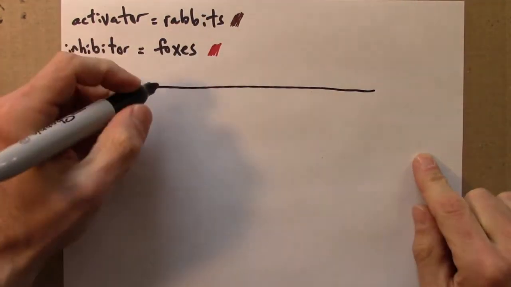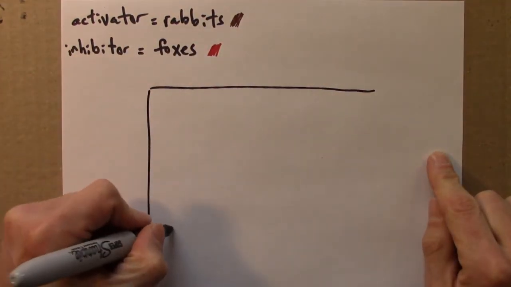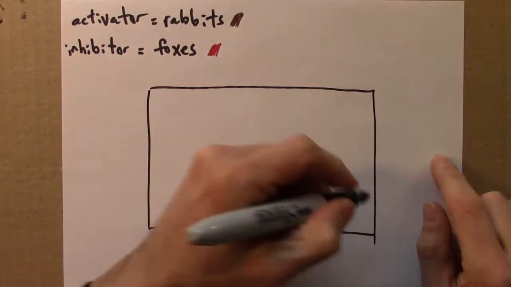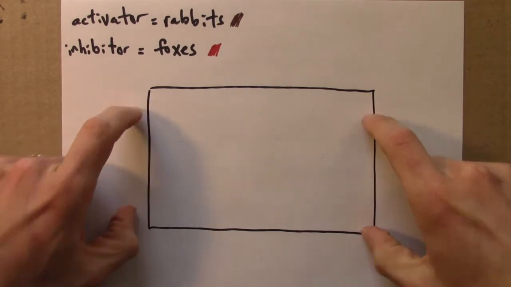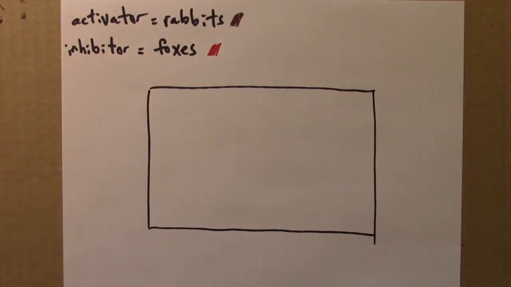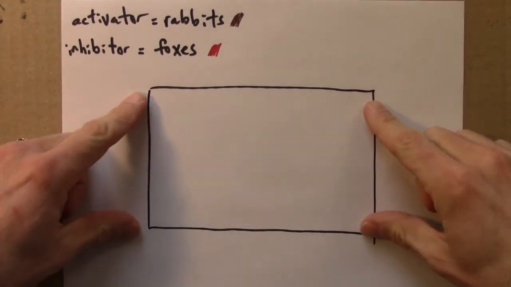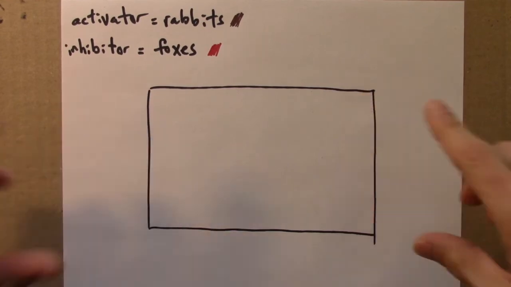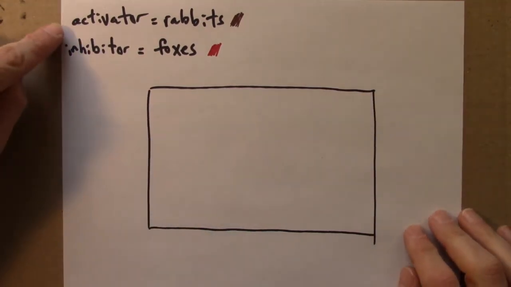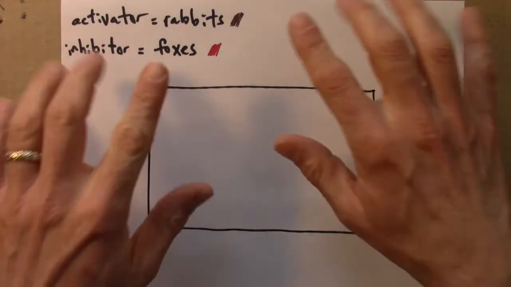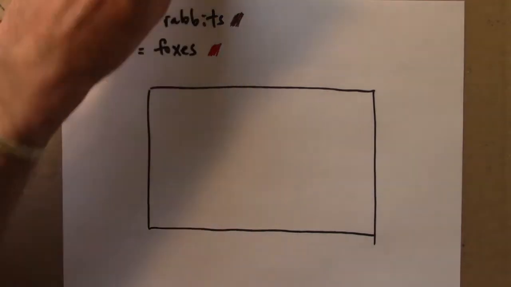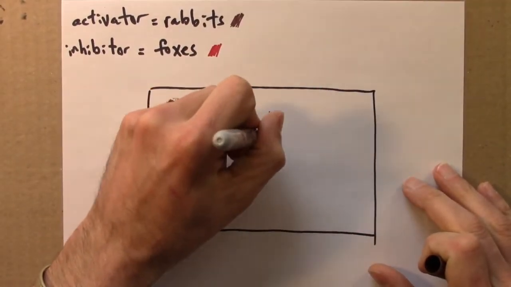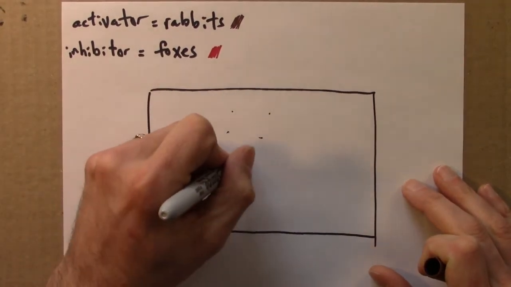imagine we have some initial condition. And all right, so here's the rectangle, the world where these rabbits and foxes live. And okay, obviously this is not supposed to be a serious rabbit and fox example. I just want to try to illustrate this general activator, inhibitor, and different diffusion rate idea. So we might have an initial condition that has rabbits spread all over.